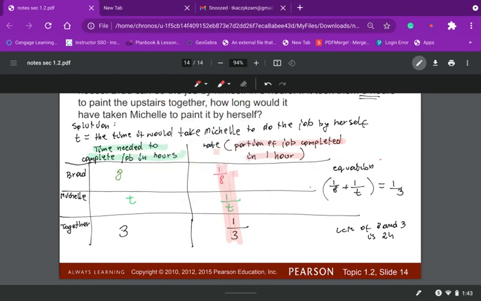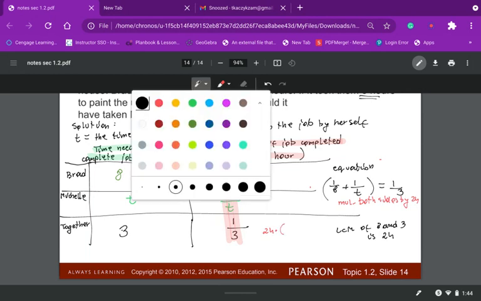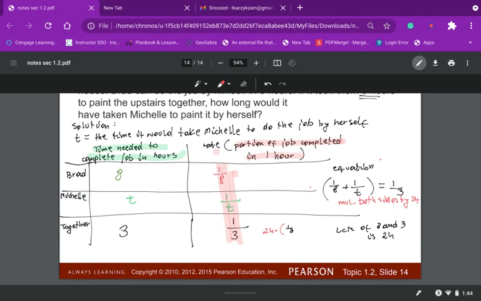So multiply both sides by 24. Okay, so we have 24 times 1 over 8 plus 1 over t.